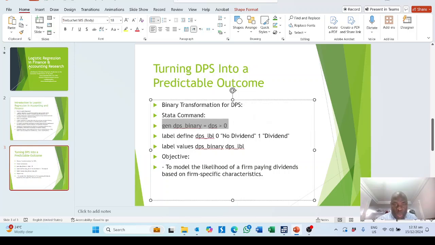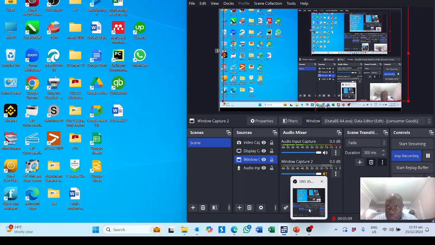The Stata command to do this is as highlighted on the screen. Generate dividend per share underscore binary equals dividend per share greater than 0, and you can generate a label to label the ones that are no dividends as 0, and the ones that pay dividend as 1. The objective here is to model the likelihood of a firm paying dividends based on firm-specific characteristics.